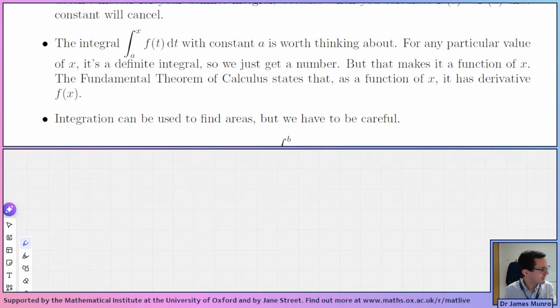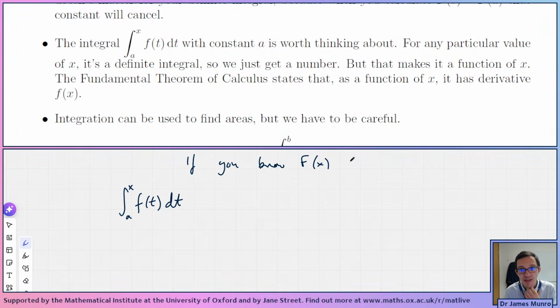If you had some capital F, if you know capital F of x with derivative equal to little f of x, then this would be big F of x minus big F of a.